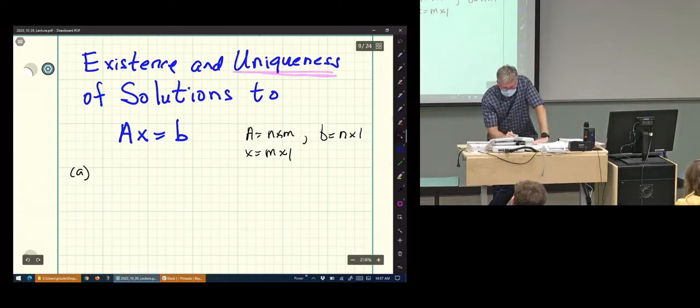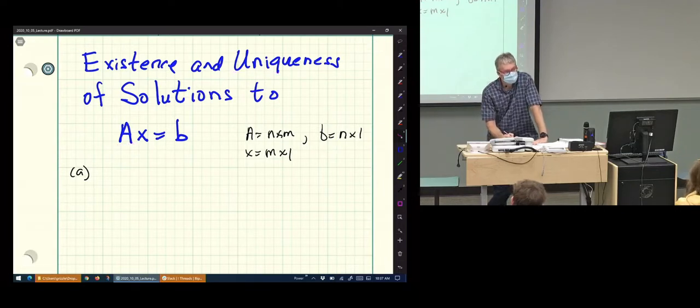Uniqueness, I need the columns of A linearly independent, but that's determinant A transpose A not equal to 0. That means if I were to do the LU factorization of A transpose A, how many zeros are on the diagonal? 0, okay?